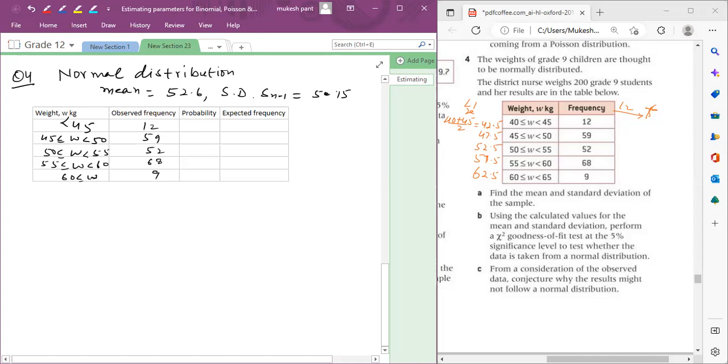Then we have to find the probability of each variable using the GDC.